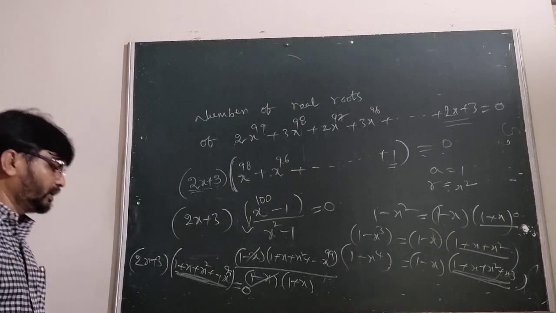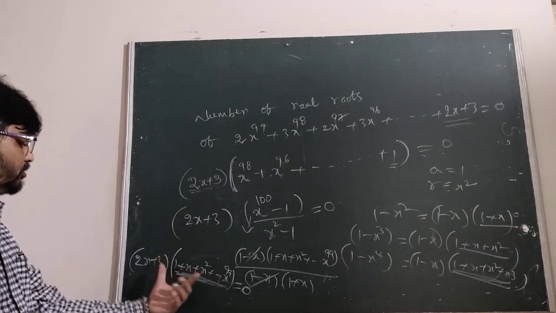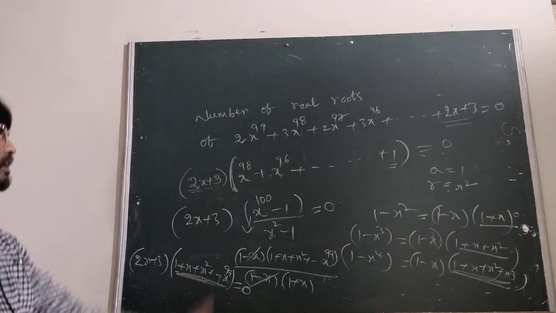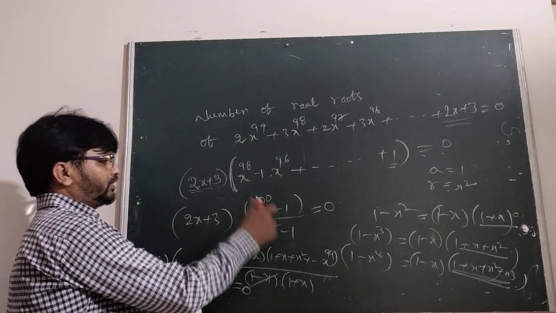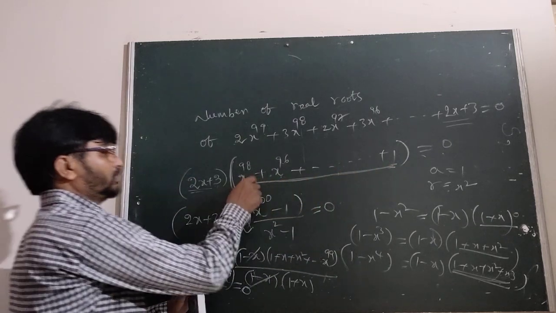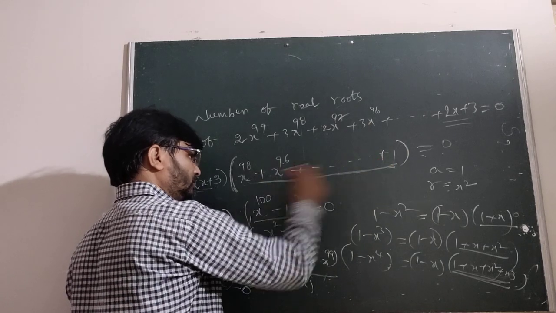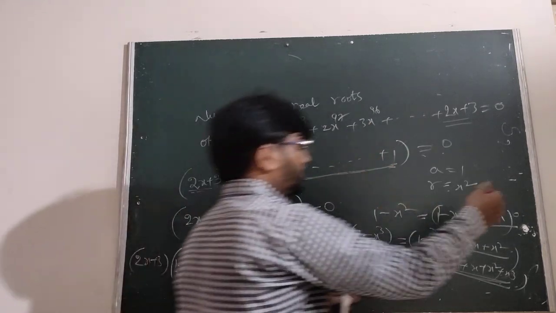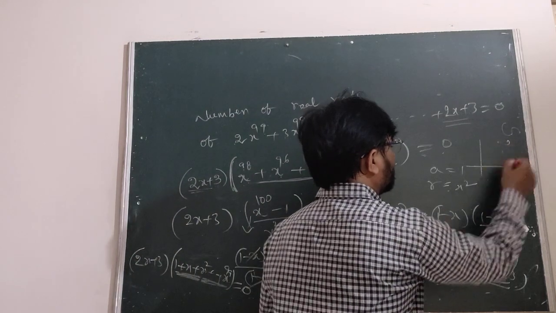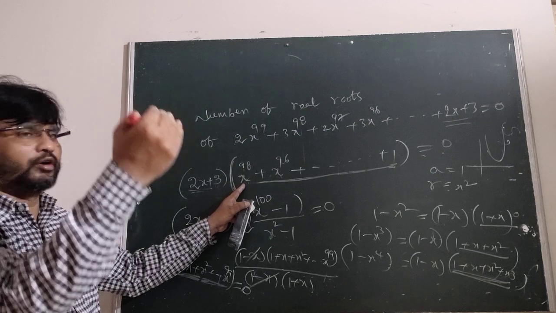For any real x, this graph lies completely above the x-axis. Without simplification, if you take the graph of this one, undoubtedly these are even powers of x, and therefore it completely lies above the x-axis.